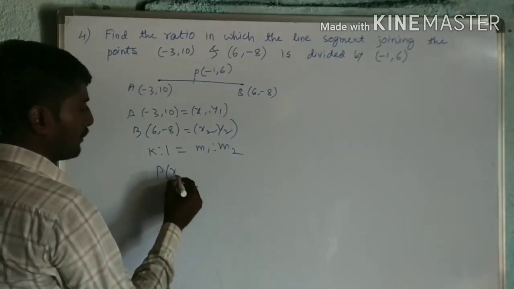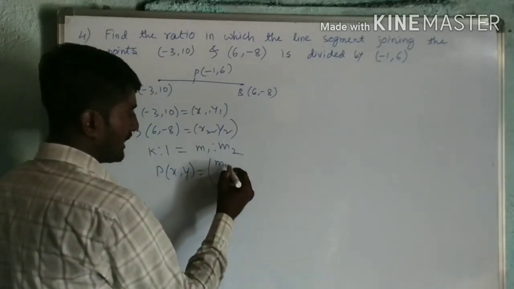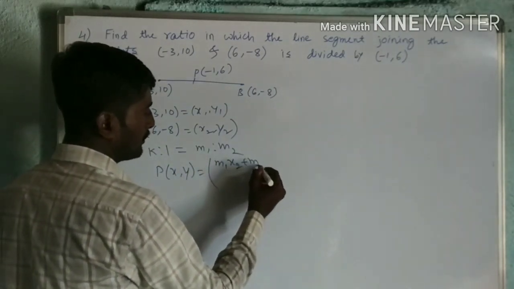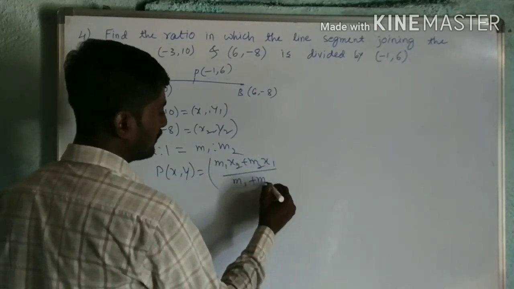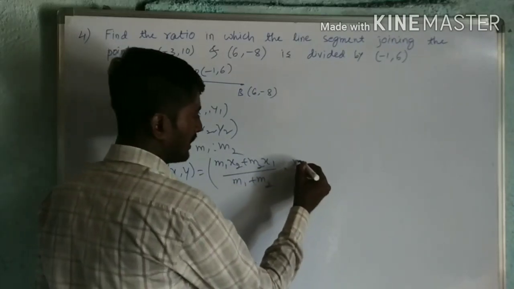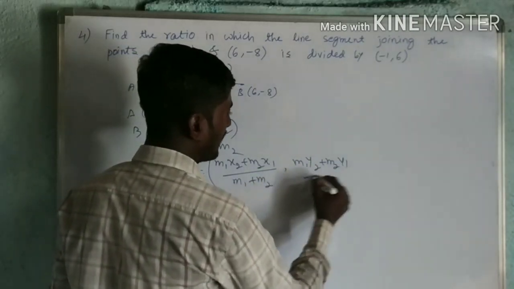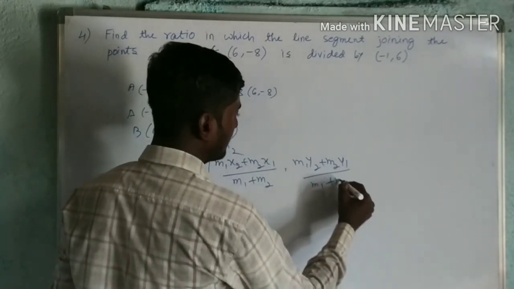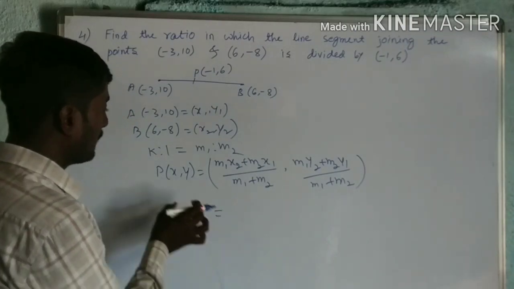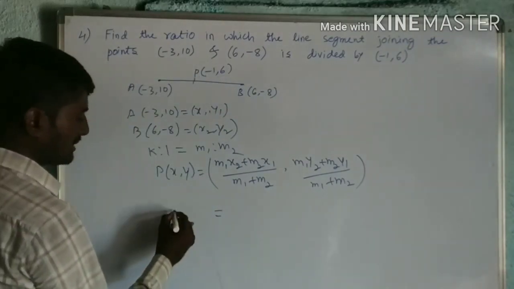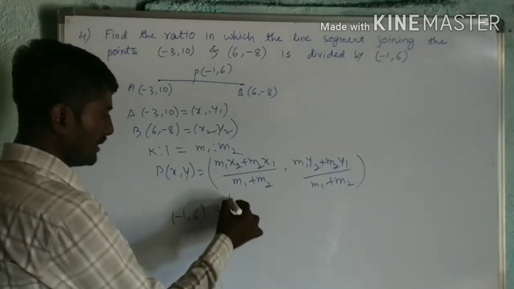P of (x, y) is equal to (m1 x2 + m2 x1) divided by (m1 + m2), comma, (m1 y2 + m2 y1) divided by (m1 + m2). Now substitute the values. P of (x, y) is given, that is (-1, 6), the dividing point.